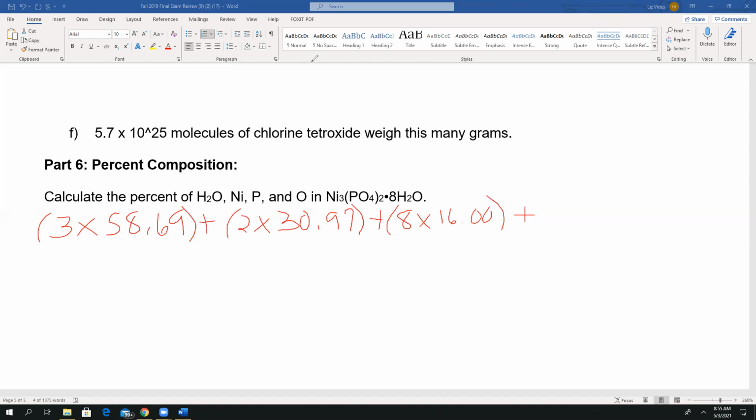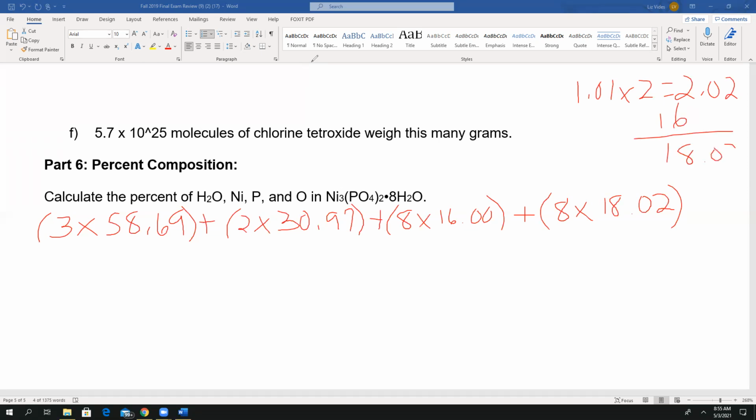Plus we have 8 waters. And for water, we've done enough to know that it's 18.02, but if you don't know, you can do it right here. It's 1.01 times 2, that's 2.02, plus 16 gives you 18.02. So that's the water. Now let's add it all up and see what the mass is.